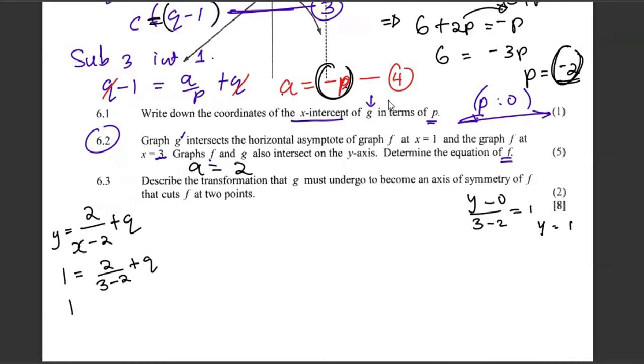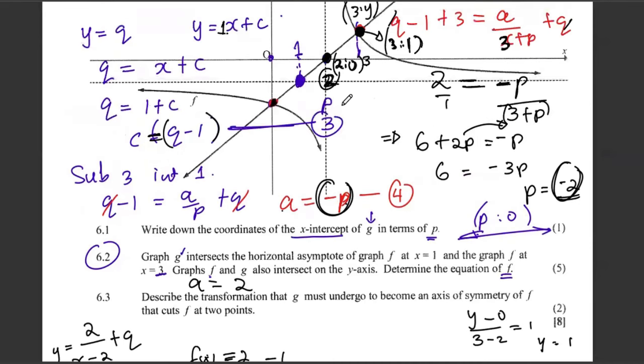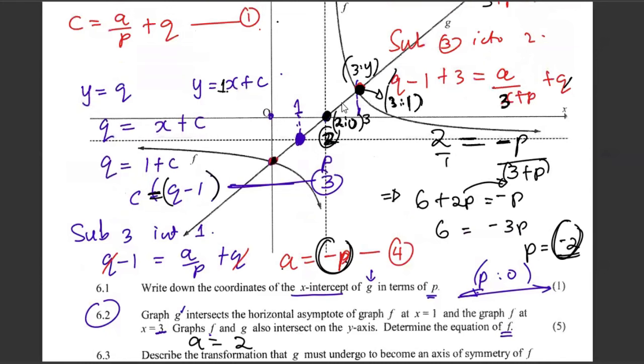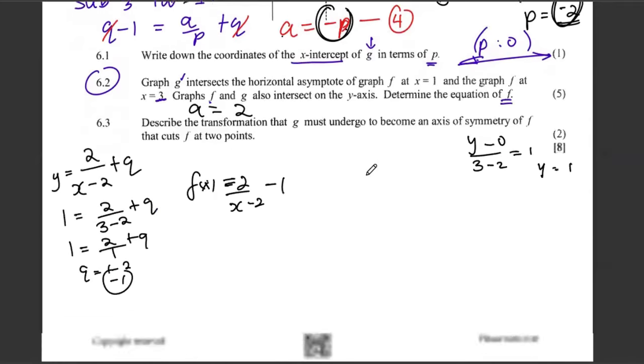So that's 1 is equal to 2 over 3 minus that, so meaning that we're going to move this. So q is 1 minus 2, which is a negative 1. So therefore, the equation of f is going to be 2x minus 2 together with a minus 1, I think that makes sense, the minus 1 down here. So that is the equation that the question technically wanted.